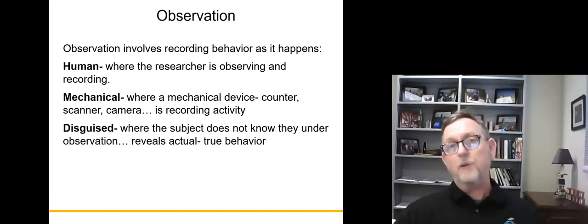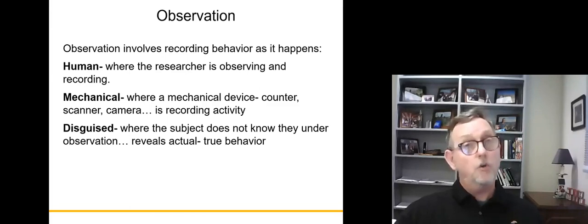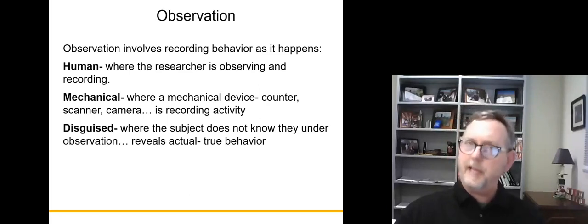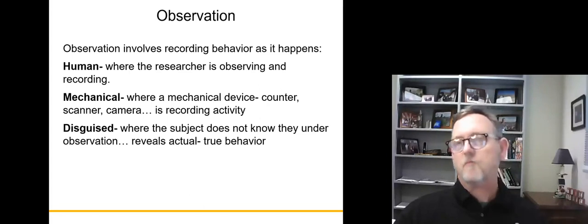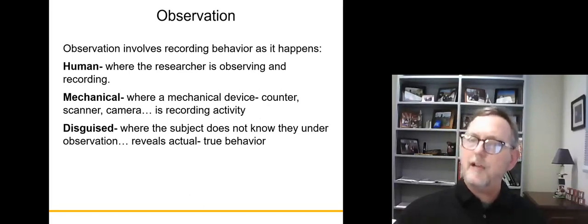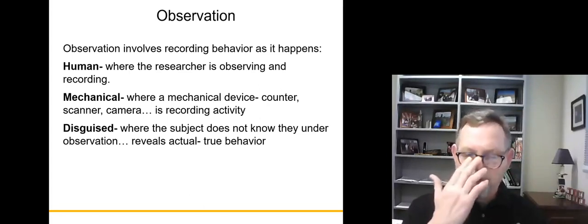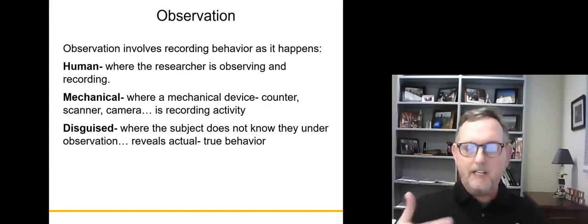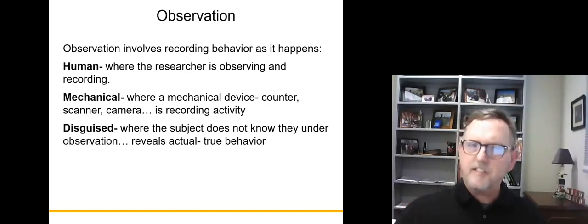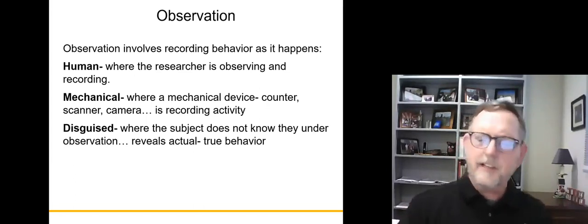We could do the observation where we are hidden and the respondent doesn't know that they're being observed. This is important if we think that the respondent will change their behavior as a result of being observed. There are some safety protocols we have to put into place and make sure that we're not violating any privacy issues, obviously, or laws.